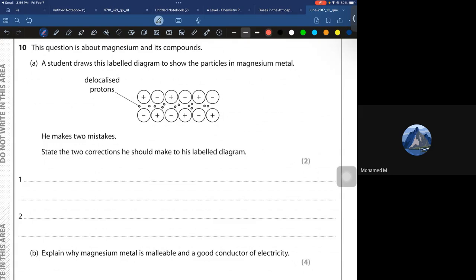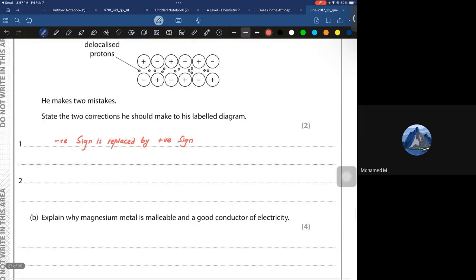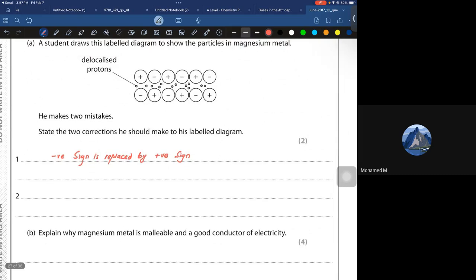A student draws a labelled diagram of magnesium metal, so it should be a sea of delocalized electrons with positive cations. This is your first correction, and the next correction is replacing the delocalized protons with electrons.